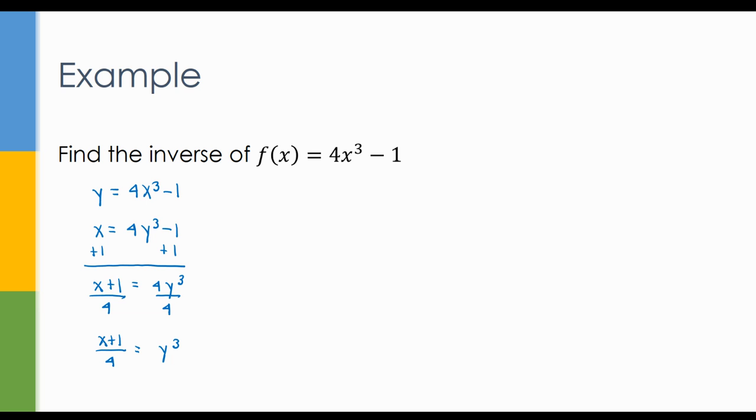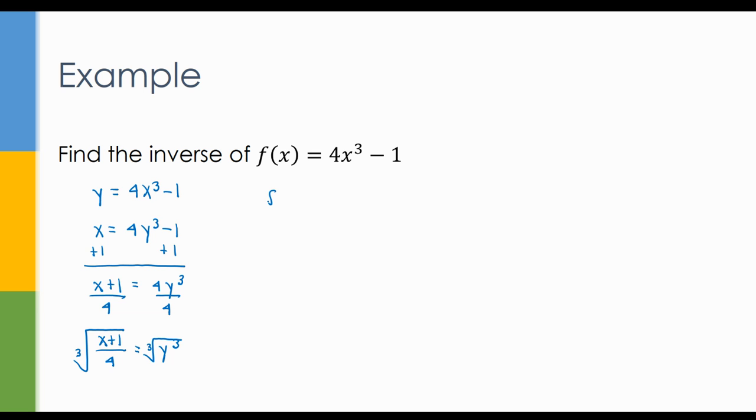And now how do I get rid of a cube? Well, I'm going to take the cubed root. And if I do it to the left, I'm going to do it to the right. When I'm taking the cubed roots, I will have an inverse, because if I plug in any number for x, I'm going to just get one answer for y.